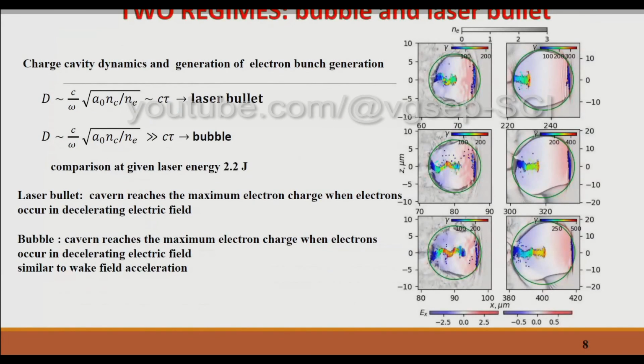This could be explained by using some analysis of a single particle. What happens is that the electron entering the region of acceleration in the case of the bullet regime is immediately accelerated also by the field of the laser pulse.